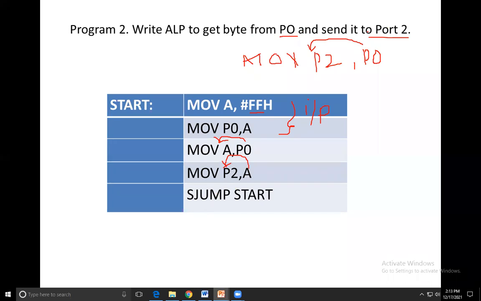The restriction of the 8051 is that you have to use the accumulator in between as a mediator to transfer data from a port or take data from a port. For an input port, we have to write FFH to the port, and if you want the port to act as an output port, you use 00H. So these are the restrictions of the 8051, and this is the program to transfer port 0 to port 2.